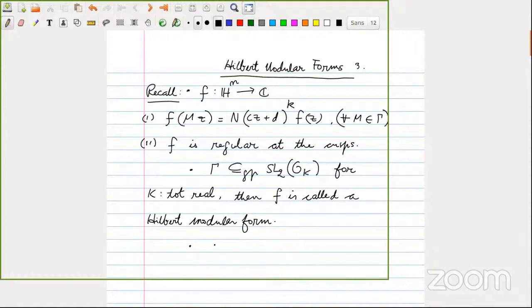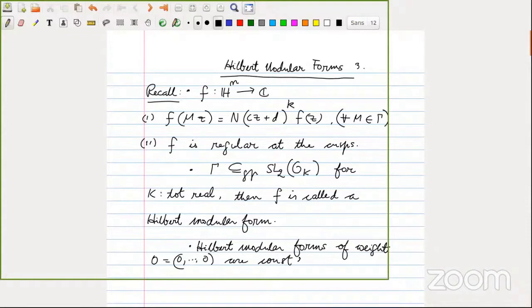So Hilbert modular forms of weight zero are zero everywhere, nothing but constants.